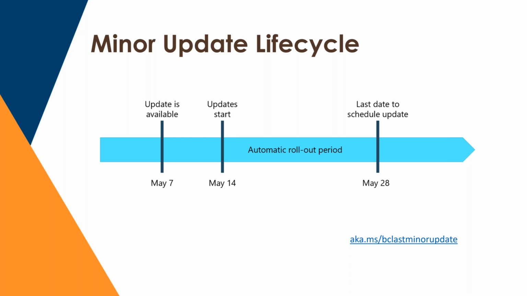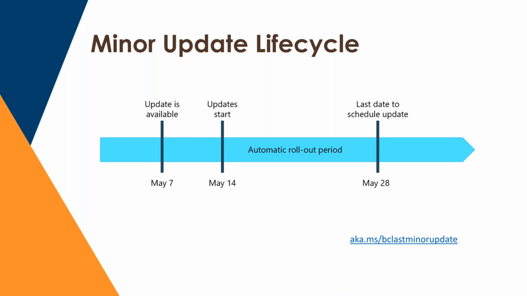And Microsoft will automatically start rolling them out between week 2 and week 4 of every month. And within that period, you have the ability to schedule the update. Otherwise, Microsoft will just start updating the environments according to an update window that you set. And I'll go over all that here in a little bit.